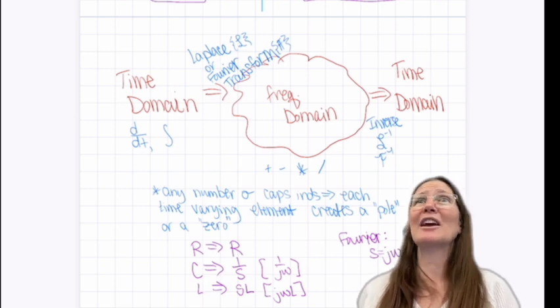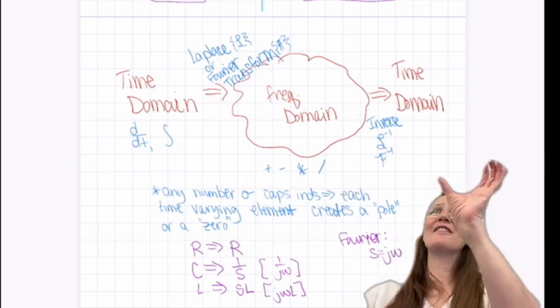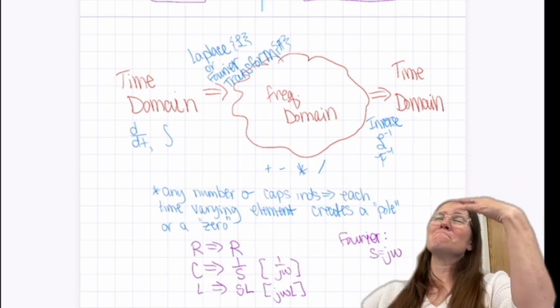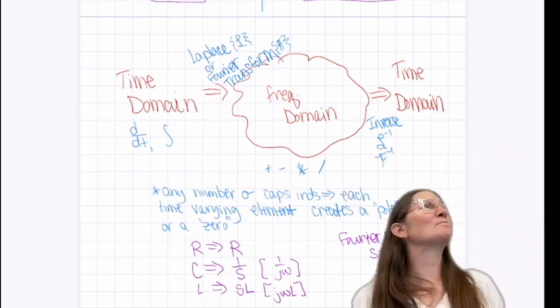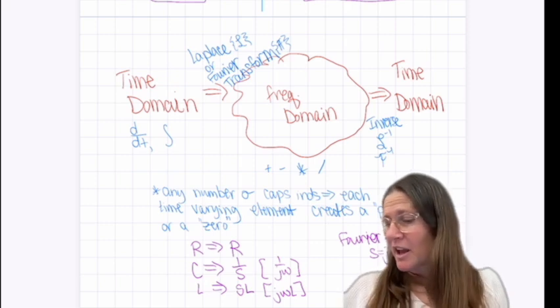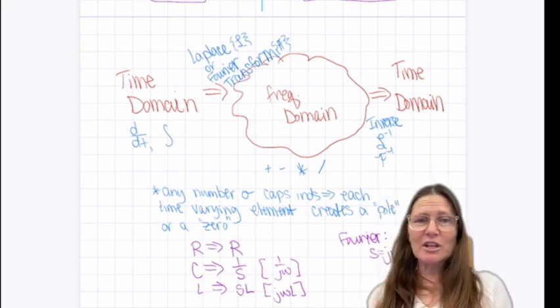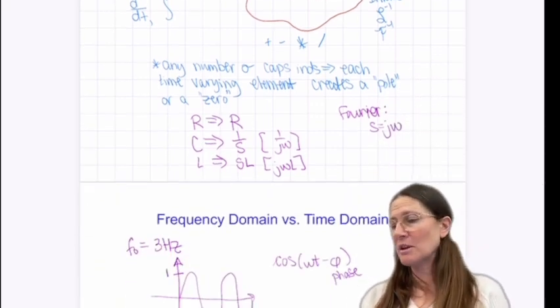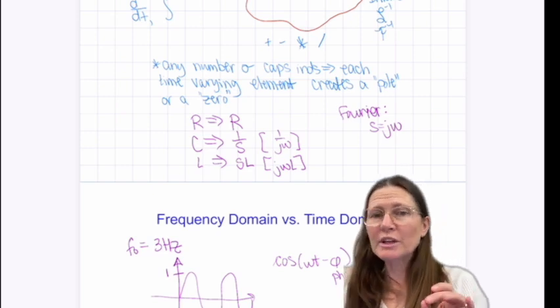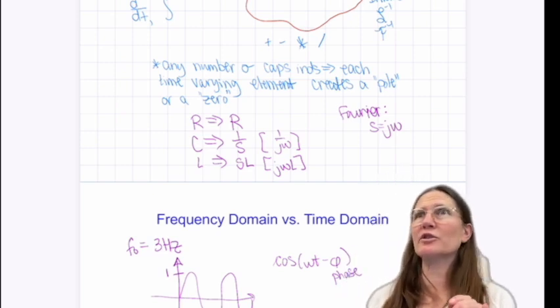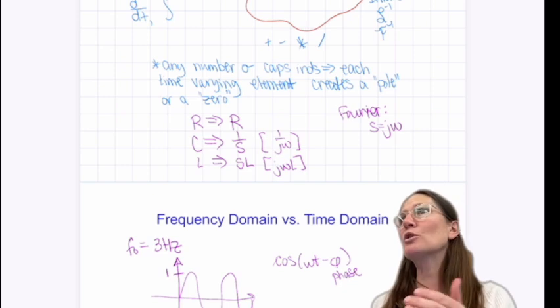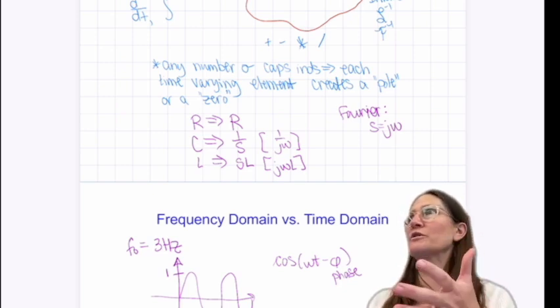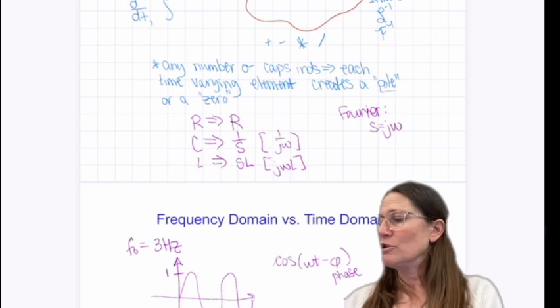Instead of having to make it more complicated, any number of capacitors, any number of inductors is going to be way easier. What each of these elements does is create what we call a pole or zero, so it creates a frequency change.